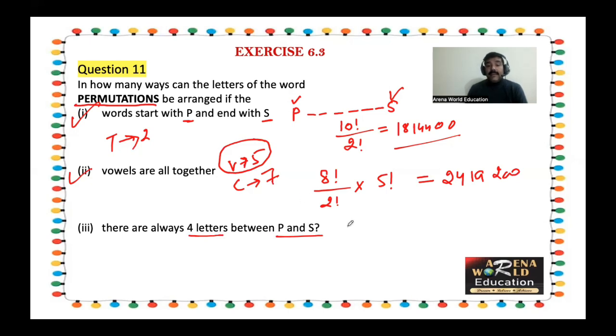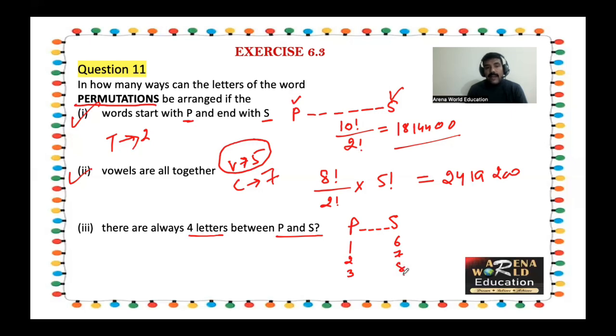So now again, position of P and S will be fixed, but this time in between there are a fixed number of letters. So P and S. So in between there will be 4 letters. So suppose we will start P's position at first. So 1, 2, 3, 4, 5, 6. S will be at 6. If we change the position of P to 2, this will be 7, right? 3, this will be 8.